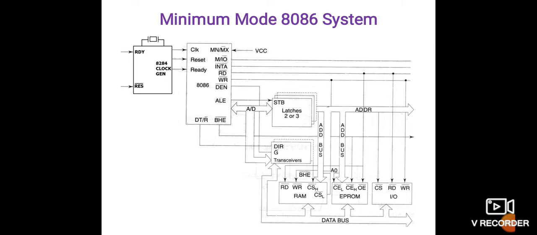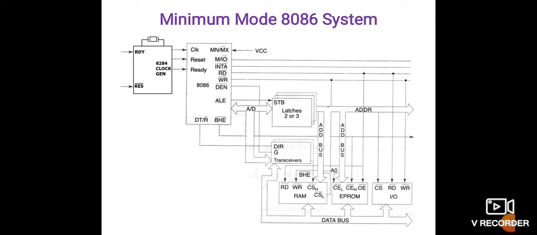And we have the memory/IO signal, the interrupt acknowledgement signal, read signal, write signal, data enable, data transmit/receive, bus high enable, and the address latch enable. These are all active during the minimum mode.